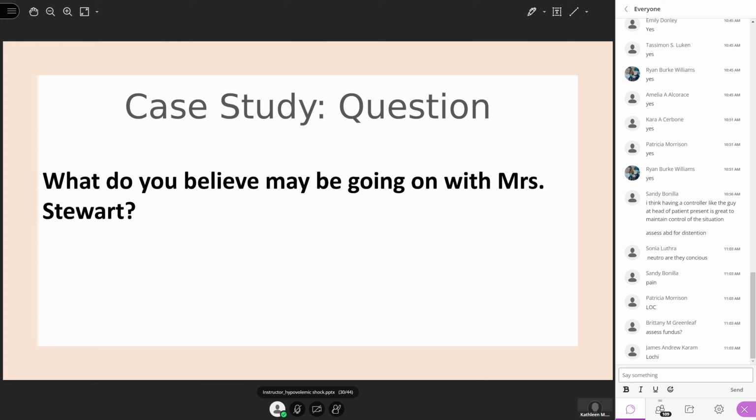Sandy. She has an active bleed because she has that bright red blood. Yep. She has got that vaginal bleed. And I think her delivery date was 2 days ago. And what is she showing signs and symptoms of? Anna. Early hemorrhagic shock.